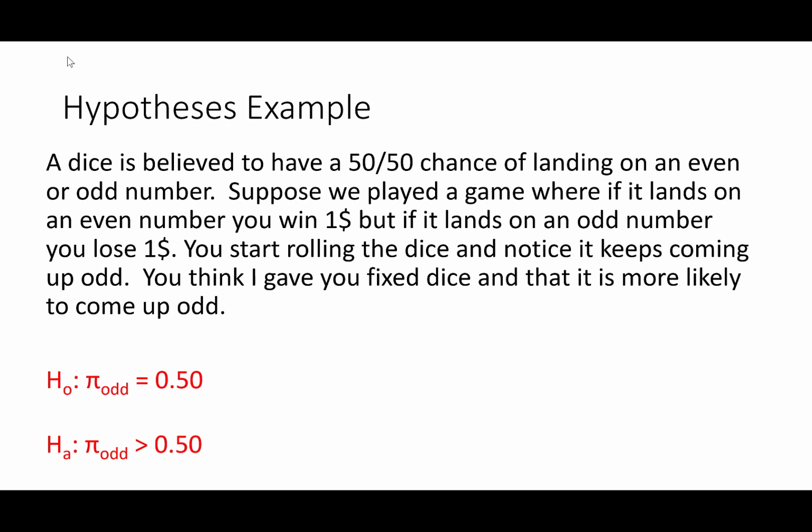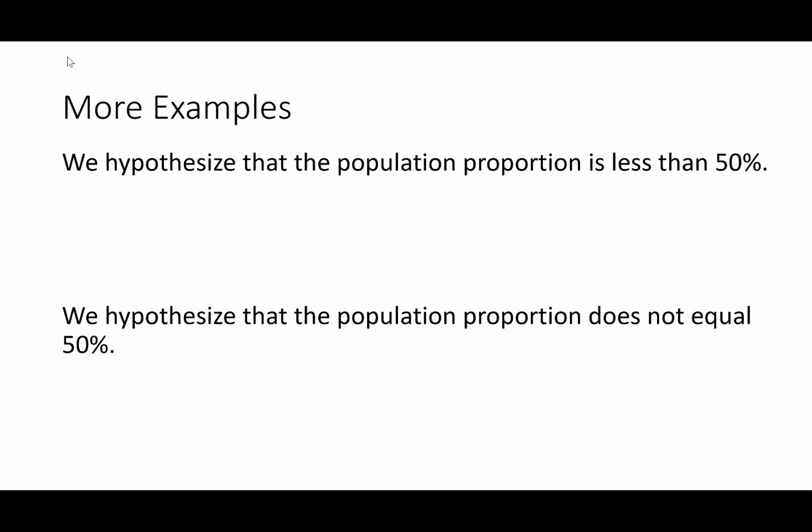Now this is one directional hypothesis test. We could have something like this. We hypothesize that the population proportion is less than 50%, or 0.50. There, the only difference would be that HA is less than 0.5, or 50%. Our null hypothesis is still assuming that it equals 50%.